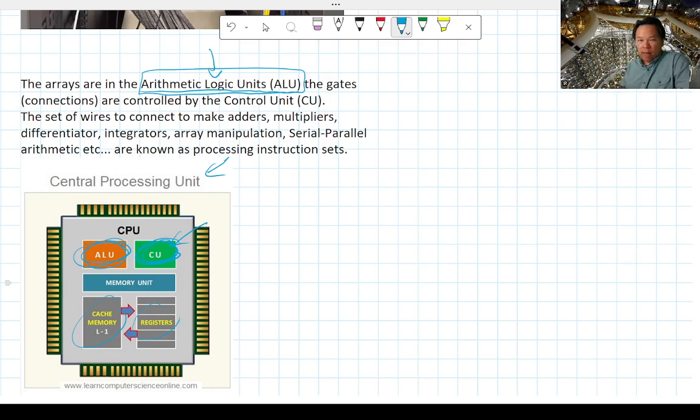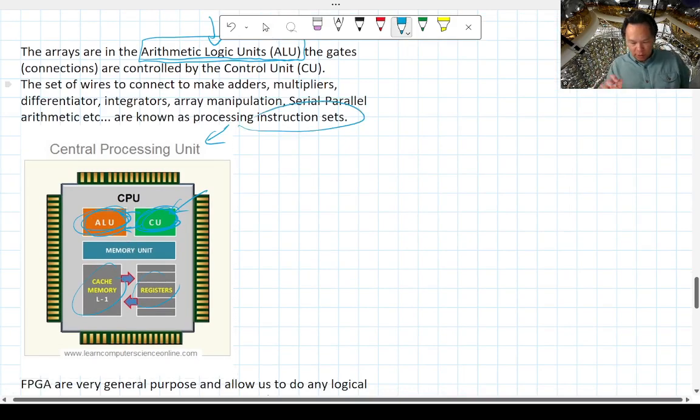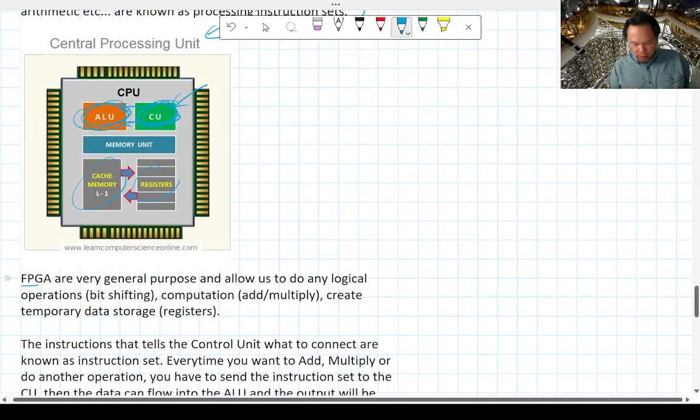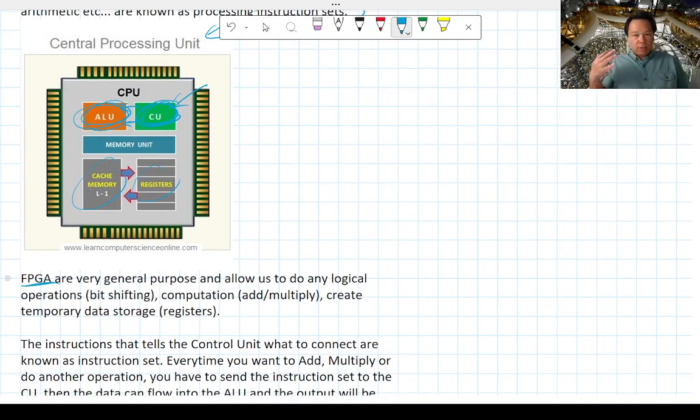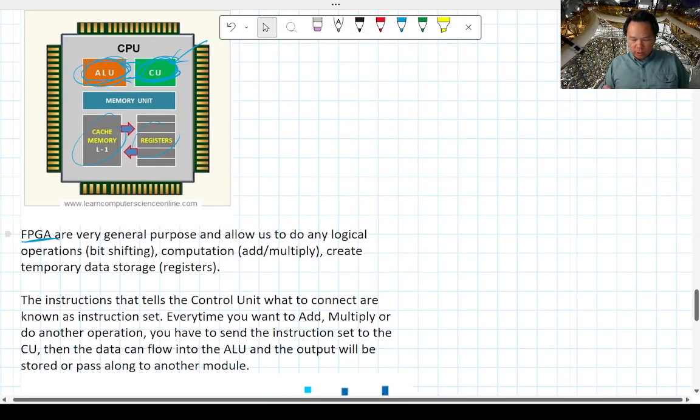Can you give me the map of which connections need to be made in order to add two numbers together, right? Basically, the control unit oversees what connections are made in the ALU, and these are known as instruction sets. And so that's why FPGAs are very reflective of what a central processing unit is, because you're going to see on our board we have the gate array, and we have a control unit that you're going to use to program which connections actually get made on the FPGA, okay?